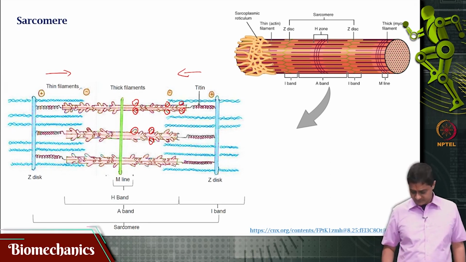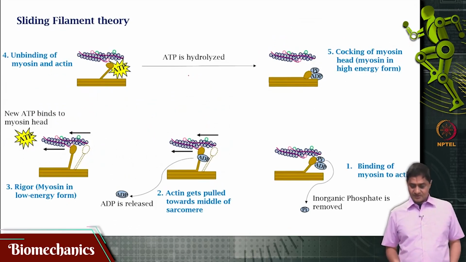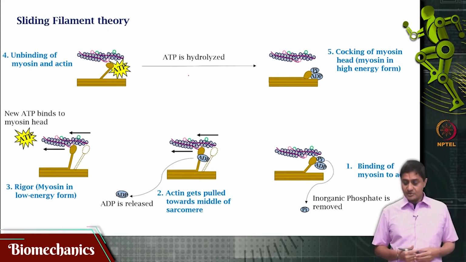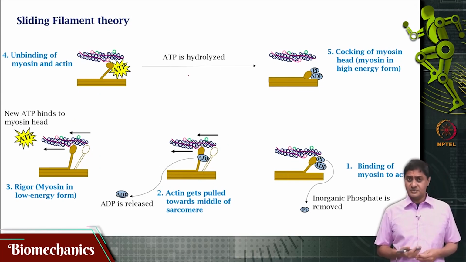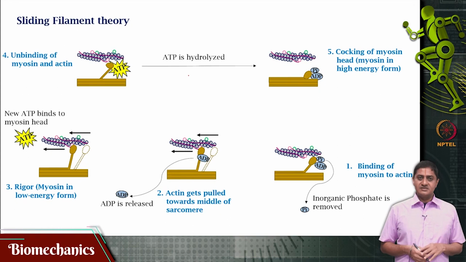This is what we saw, and we saw how this is happening because myosin attaches to actin, and then the third phosphate bond of ATP is broken, and this energy is then utilized by myosin to undergo a conformational change and pull on the actin filament, causing this contraction. We said that immediately after, it cannot undergo another pull.